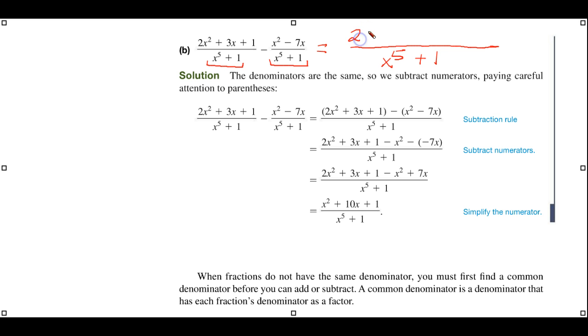You're going to go 2x squared plus 3x plus 1. Now put the negative sign that's there up now into the numerator, and put what's after the negative sign in parentheses.